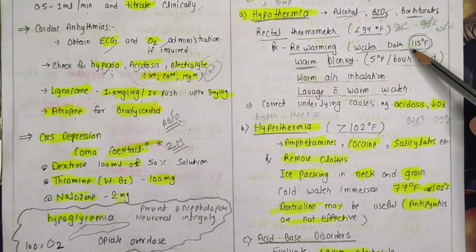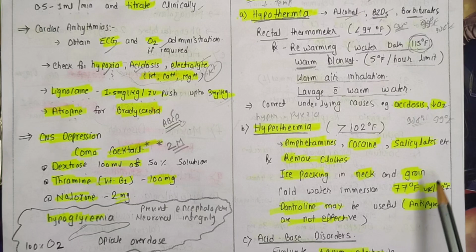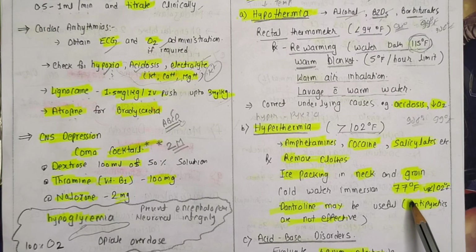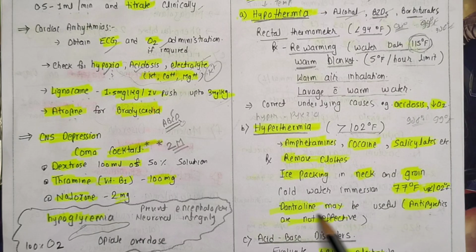We have done a hot bath in hypothermia; similarly, we will do a cold bath in hyperpyrexia, with water of around 77 degrees Fahrenheit, and we will dip the person up to the neck so that the body temperature will rapidly come down. In hyperthermia situations, normal NSAIDs and antipyretics like paracetamol will not be that effective. If required, we can go with a drug like dantrolene.